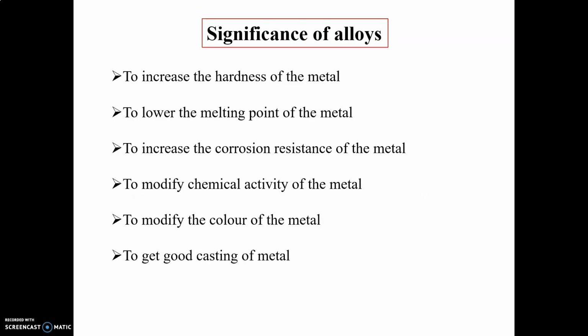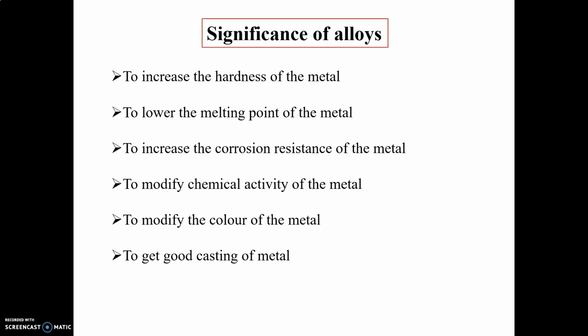What are the major significance of alloys? The major significance of alloys includes increasing the hardness of metal. How to increase the hardness of metal? It's a simple fusion of two metals or a metal with non-metals based on the requirements. Number 2, lower the melting point of metals. Number 3, increase the corrosion resistance of metals. Number 4, modify the chemical activity of the metal.